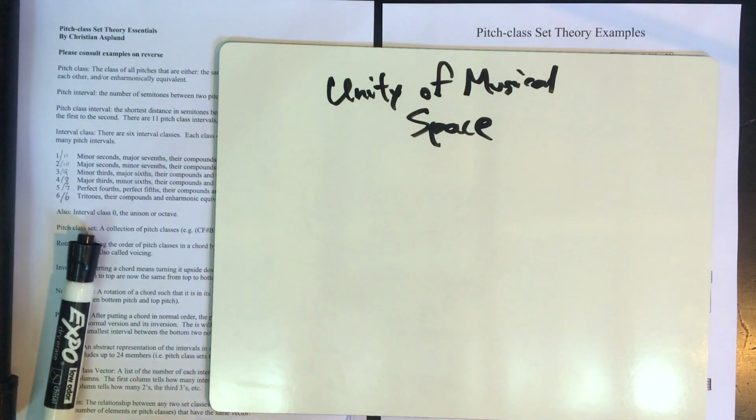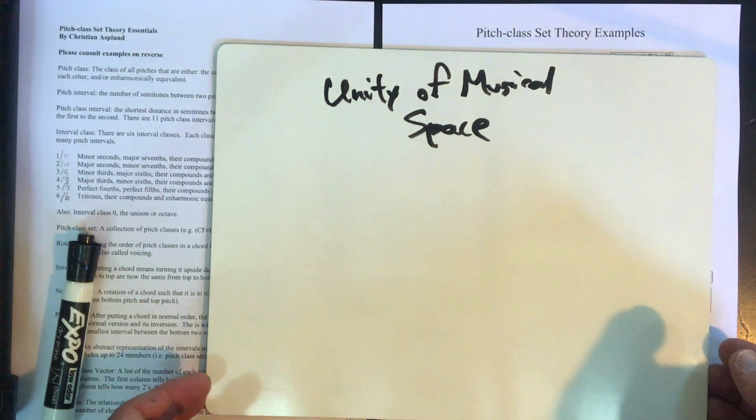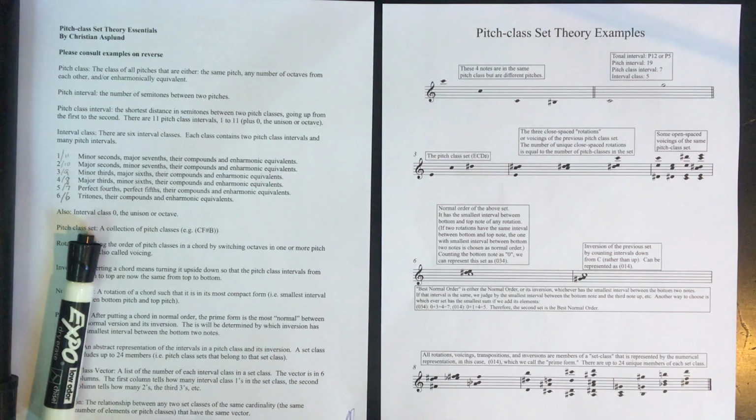That's why instead of talking about scales in reference to melody and chords in reference to harmony, we talk about the same pitch class collections as being used in both melody and harmony.